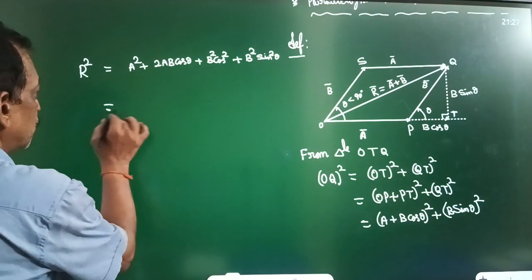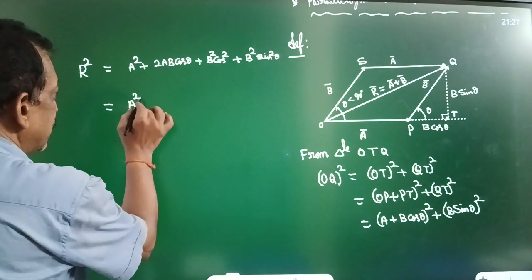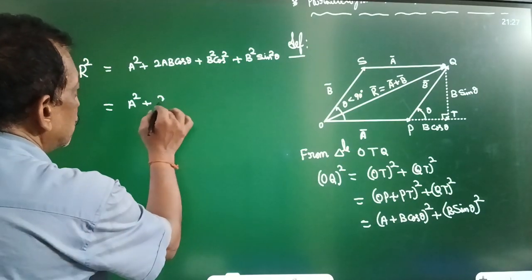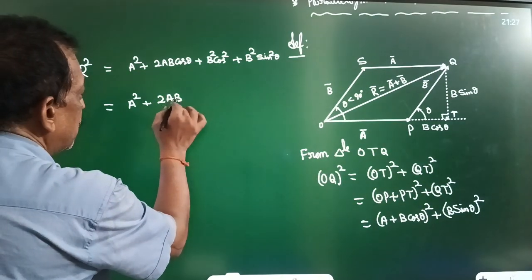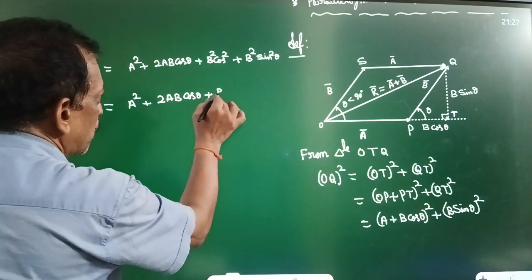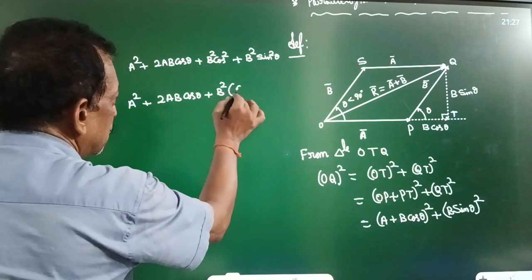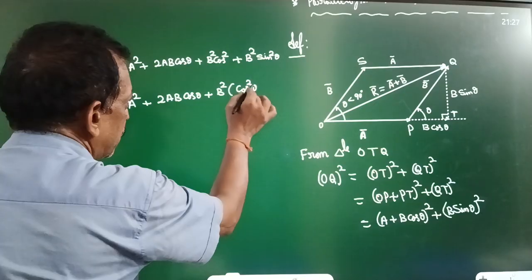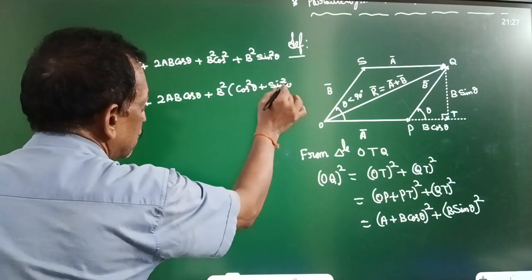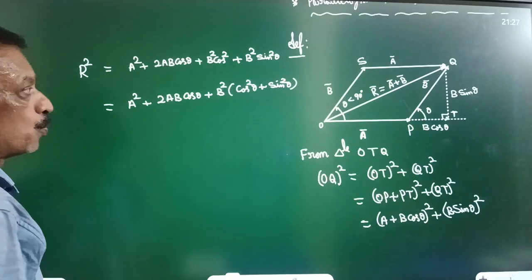Now that is equal to A square plus 2AB cos theta plus, taking B square common, cos square theta plus sin square theta. So cos square theta plus sin square theta is 1.